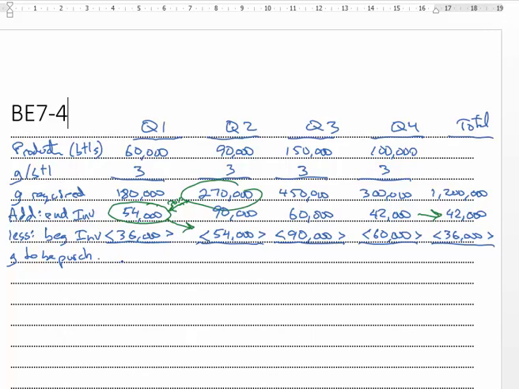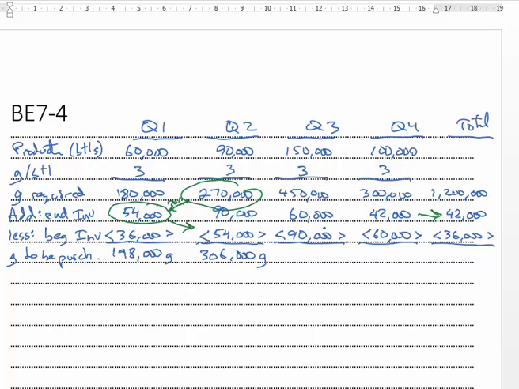So that allows us to calculate the number of grams to be purchased. So 180 plus 54 minus 36, 198. Remember, we're doing grams here. We're not going to fuss about the bottles and all that stuff up there, just the grams. So 270 plus 90 minus 54 is 306.